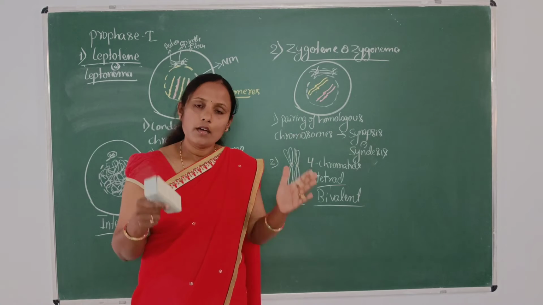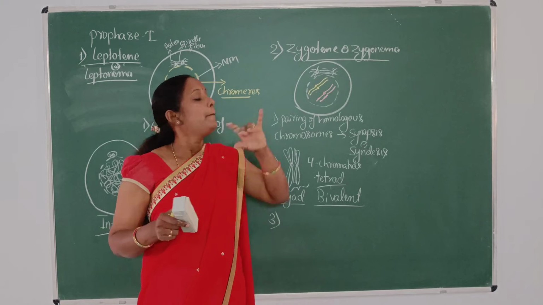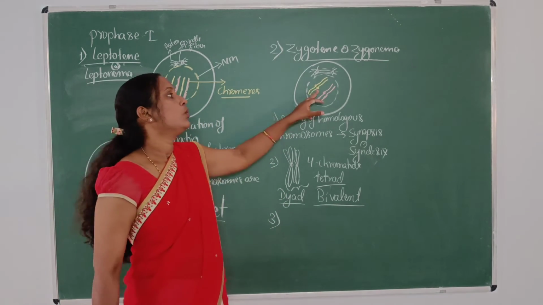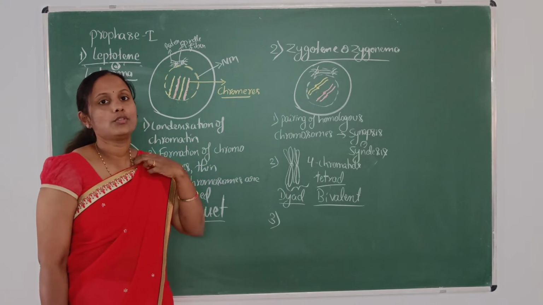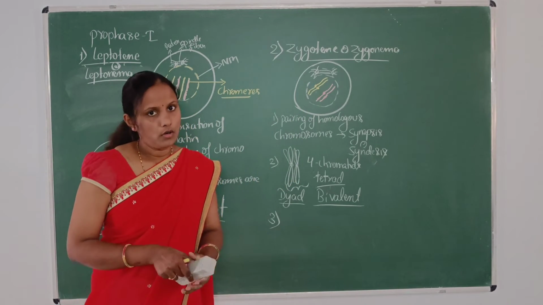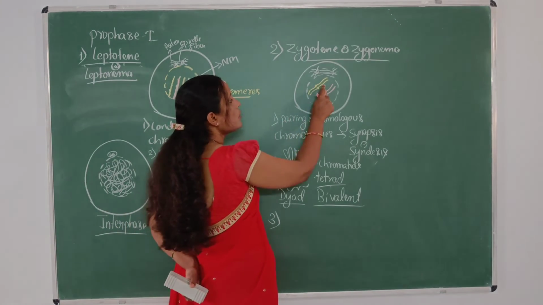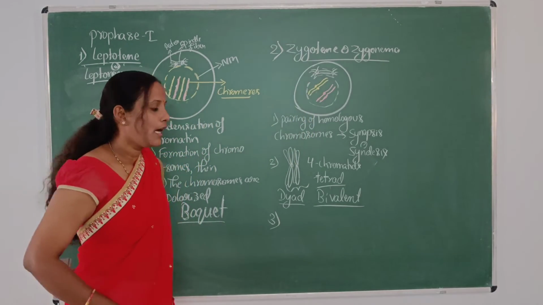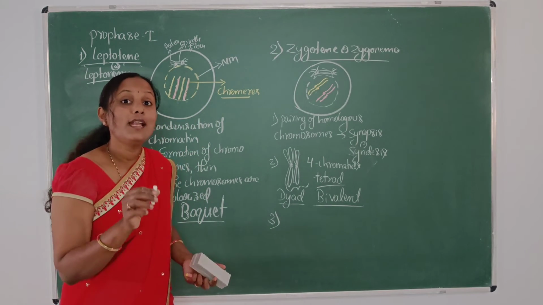There is a purpose for pairing of homologous chromosomes, because the purpose is to carry out the process called crossing over. The process of crossing over is because of the pairing of homologous chromosomes. So to cross over, that means the part of this chromosome gets exchanged with the part of this chromosome. For exchanging that matter, the distance between the two chromosomes must be very small.